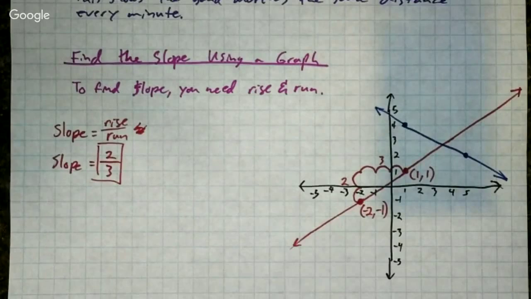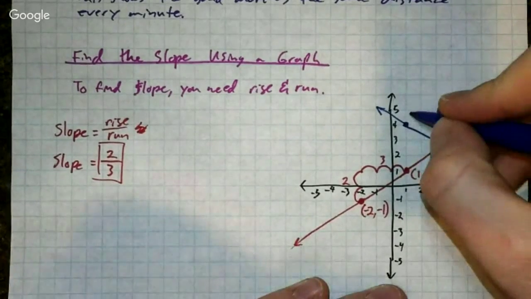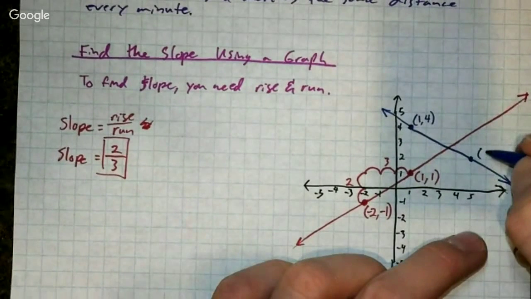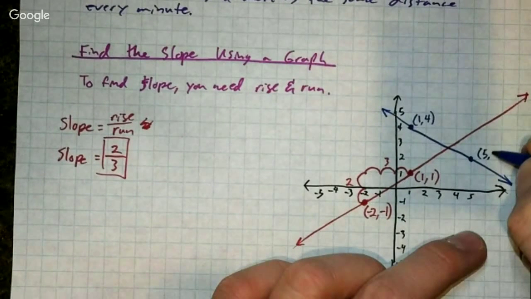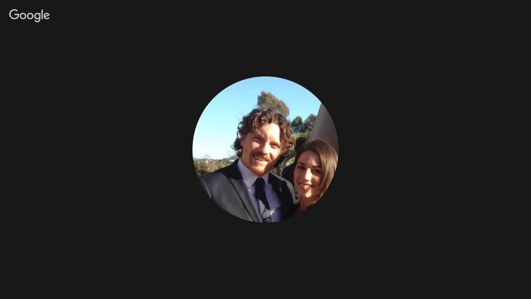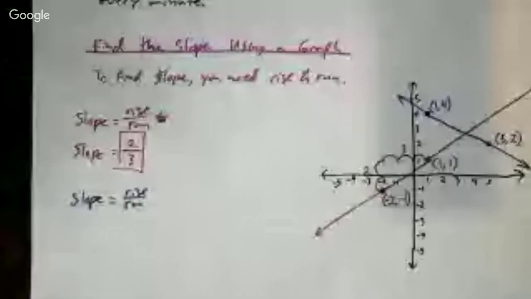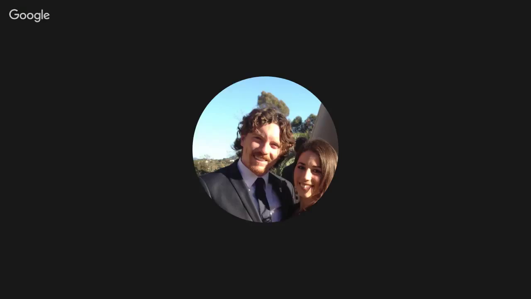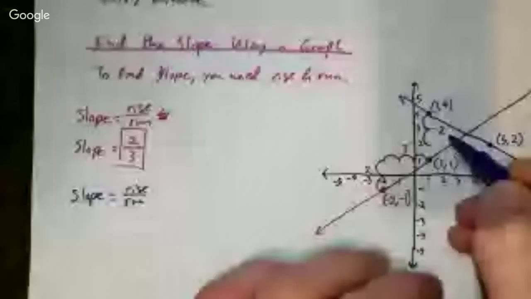Let's go to our blue line. Our blue line has (1, 4) and (5, 2). Over the run. Well, in this case, this is going down. So we need to find the rise, and the rise can either be up or down. In this case, it's going to be down, which is -2.